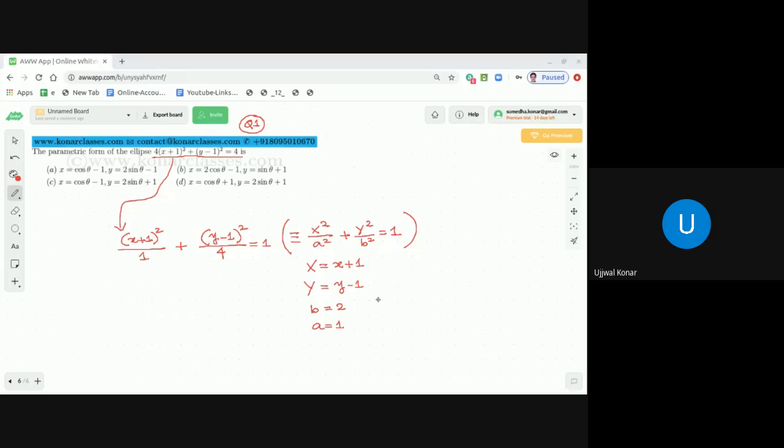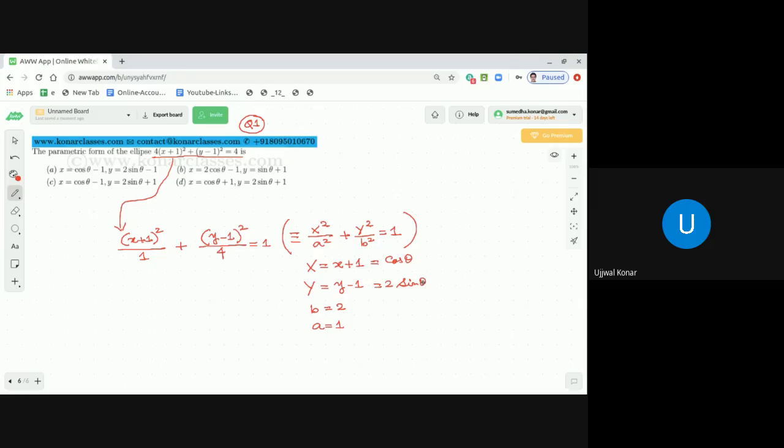Now, as we recall, how can we find the parametric form? The best way to write it is to consider that x + 1 is equal to cos theta. Correct, dear students? And y - 1 is equal to 2 sin theta.